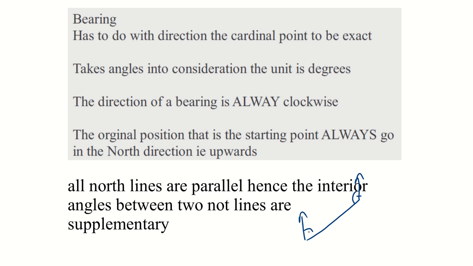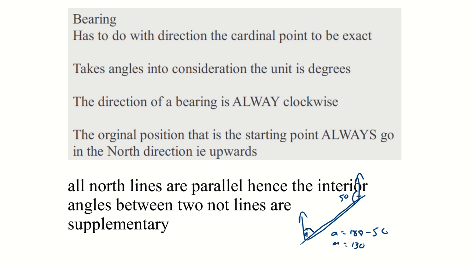These two lines are parallel and I have a transversal line going through them, hence these two are interior angles which are supplementary. So if I want to find angle A and I know this is 50, I would say A is equal to 180 minus 50, so A is equal to 130.